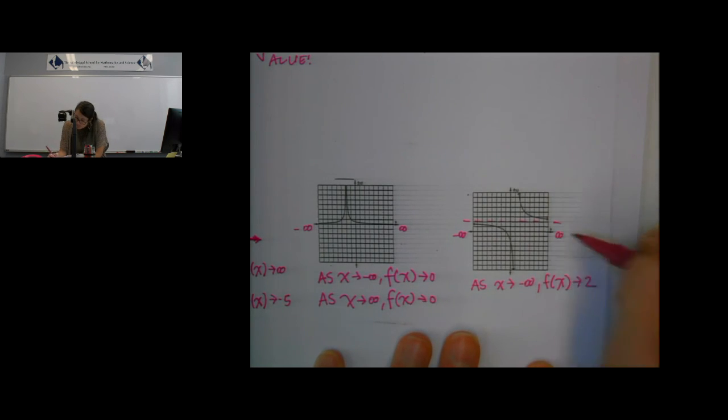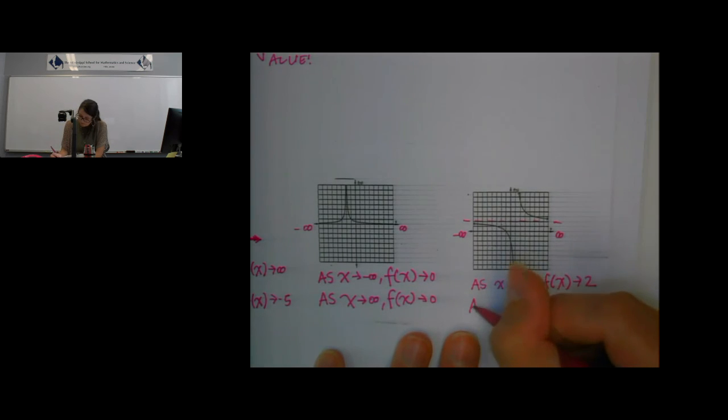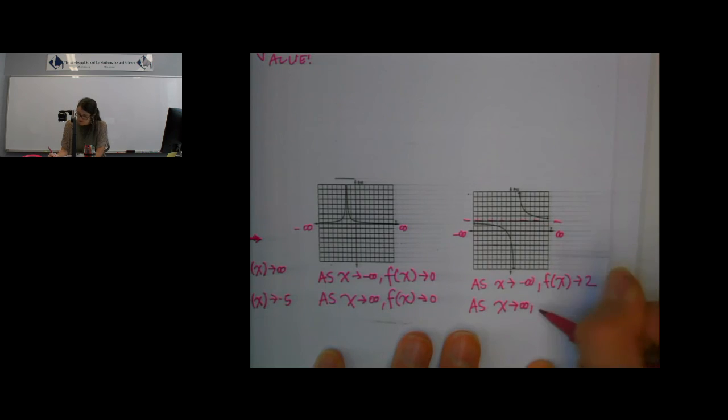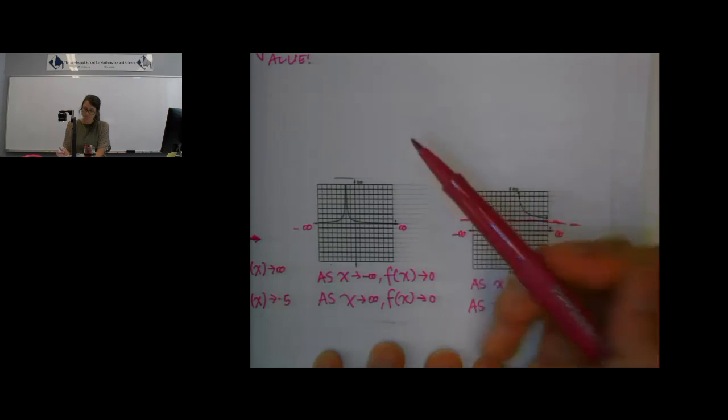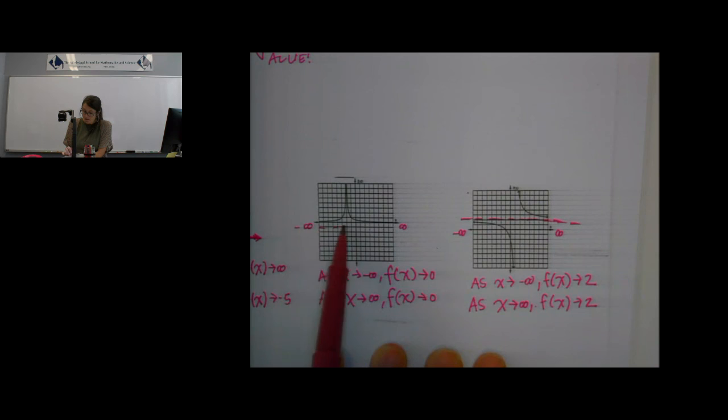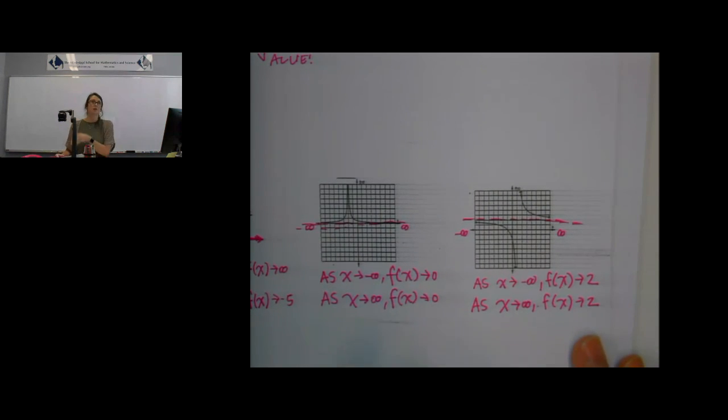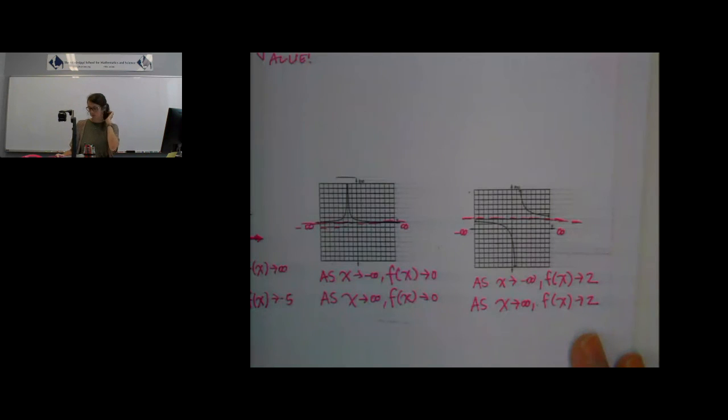As x approaches positive infinity, f of x is also going to be approaching 2. So basically you could draw a line through your graph there. Here, I could draw a line through my graph and it never touches it. It gets closer and closer to that value, but it never touches it.